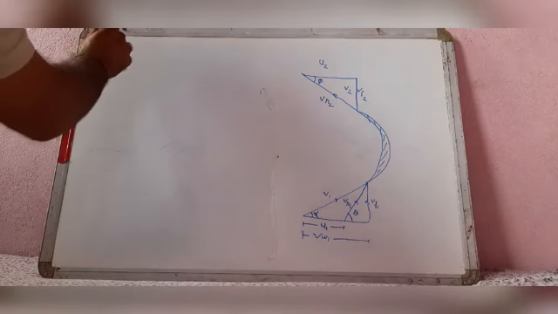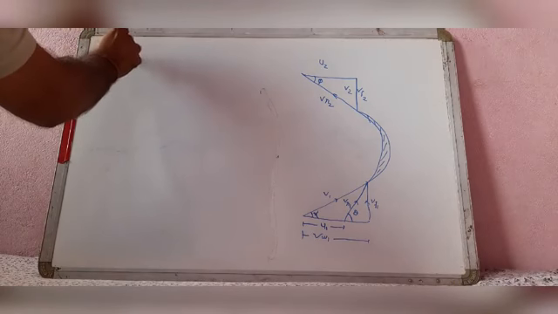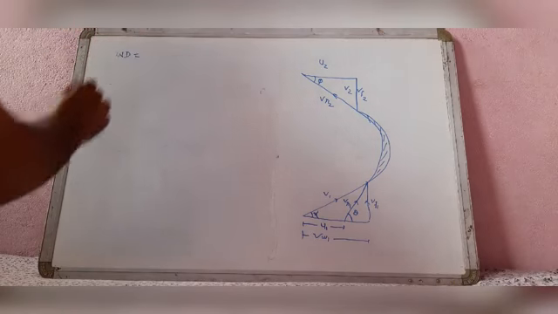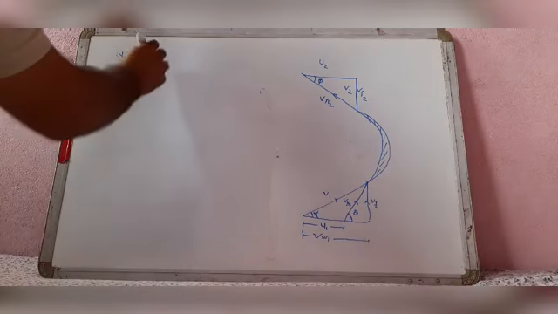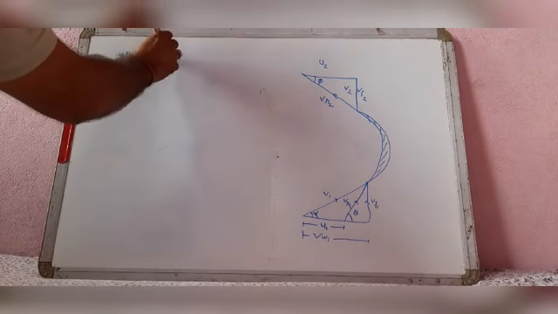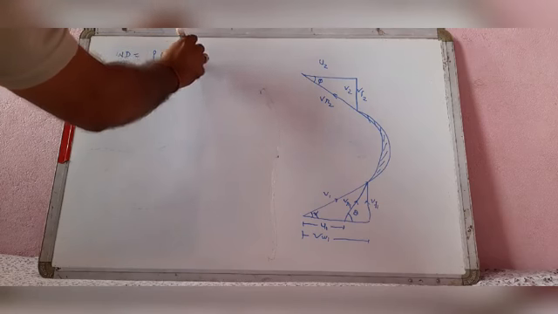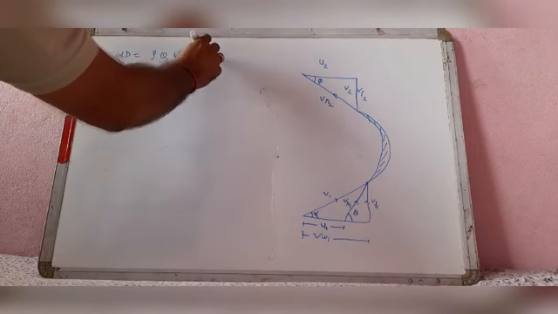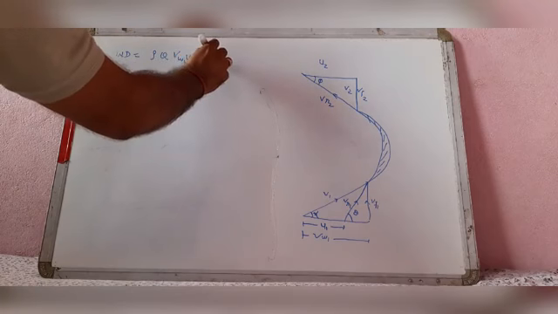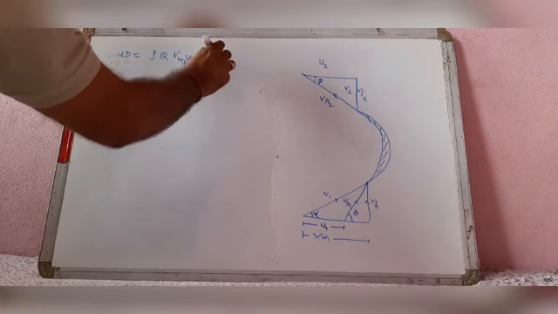Next we have to calculate work done, that is rho Q Vw1 U1 when Vw2 equal to 0.